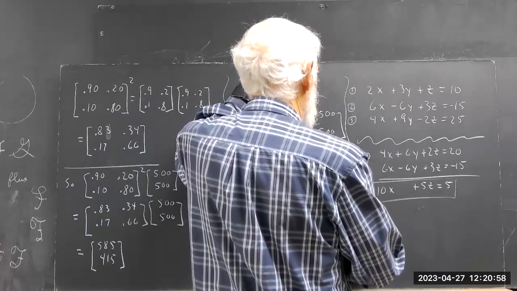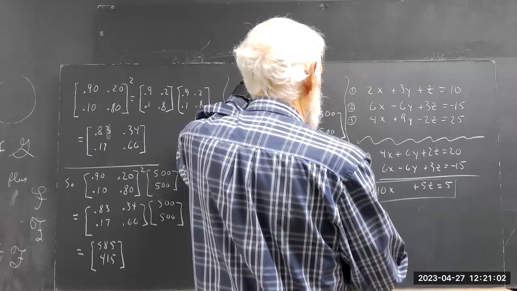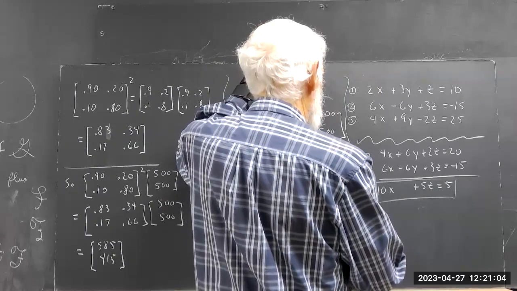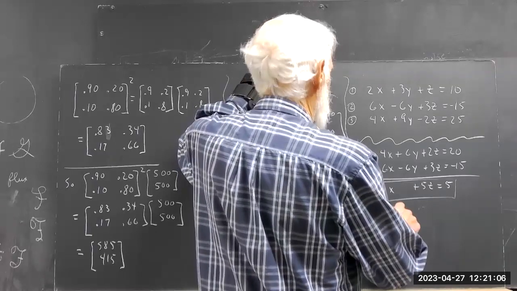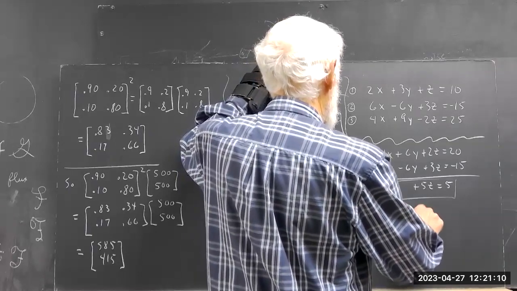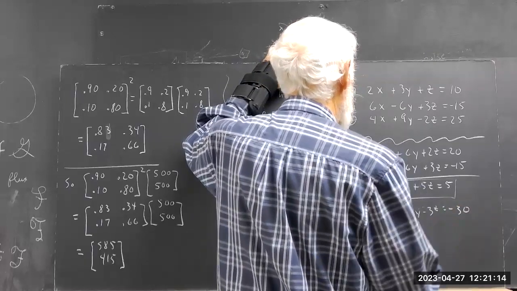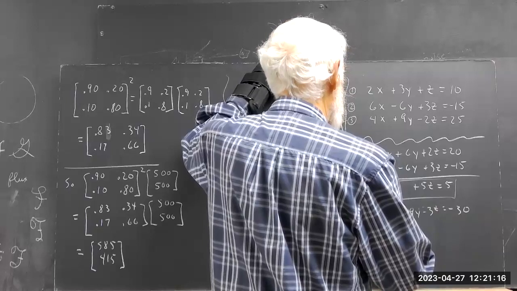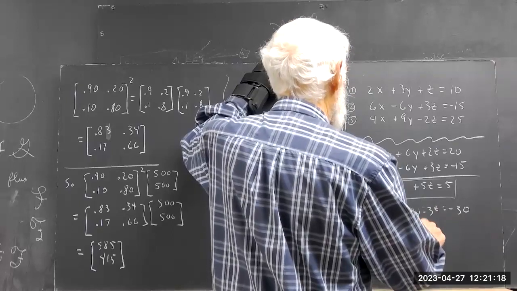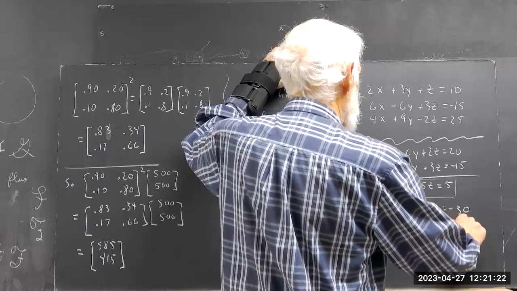I multiply equation 1 by -3 and then I write down equation 3. That gives me -6x minus 9y minus 3z equals -30, and 4x plus 9y minus 2z equals 25.